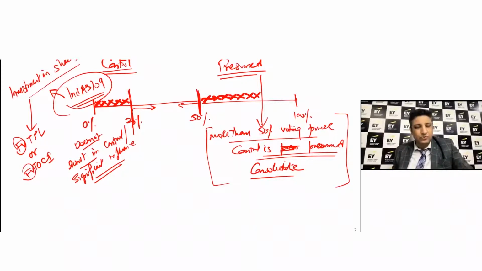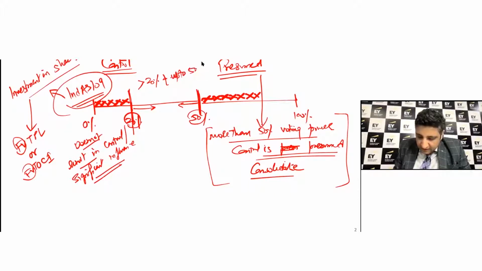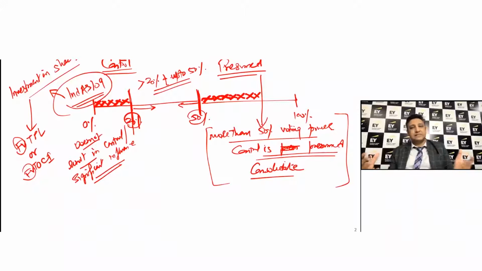Just to highlight how do you probably have a possibility of creating significant influence, right? But you have something, so anything which is more than 20% and up to 50%, you are a key shareholder. You are a large shareholder. You will be heard. So these are all the things which start coming in.